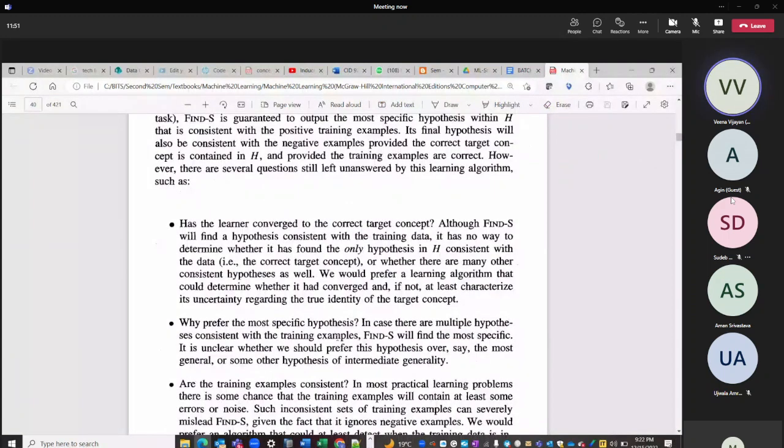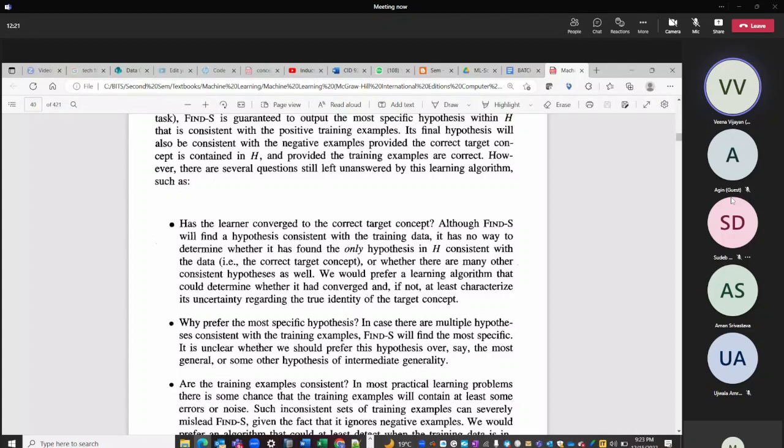So this you can read through. They are telling there are some disadvantages with the Find-S algorithm. Find-S algorithm will only give one hypothesis, right? Finally, we are getting only one hypothesis. That may not be the case always. It will give the most specific hypothesis, but there can be other hypotheses also. Or there can be other cases also which satisfy the target function.